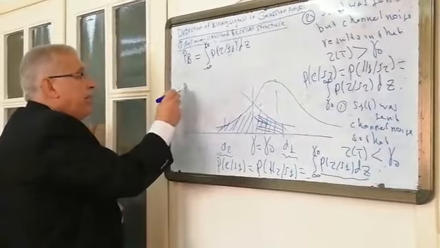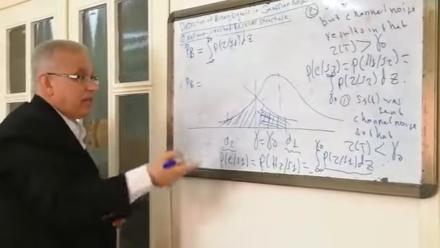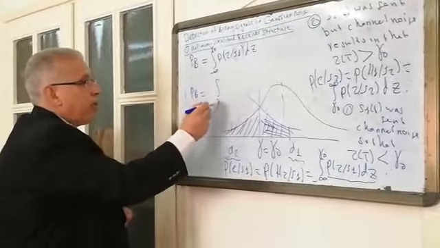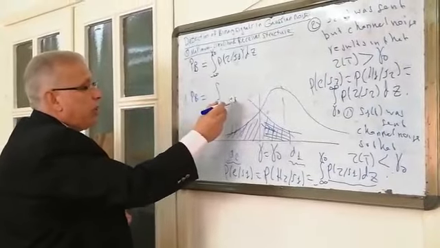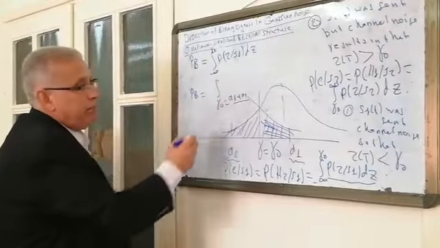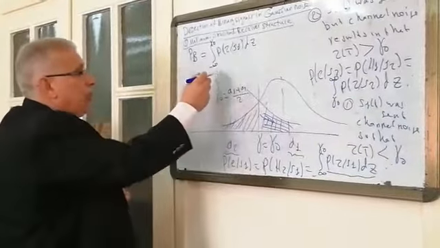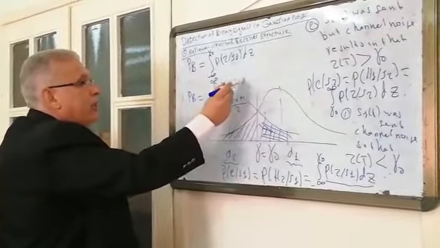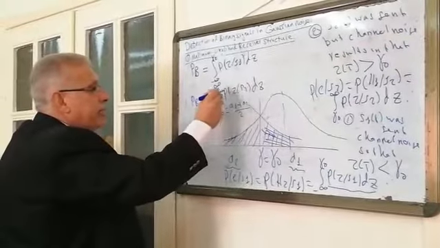Again, or it will be the area under the tail on the other side. If we are talking about S2, it will be equal to the integration from our threshold, which equals (A1 plus A2) divided by 2, up to infinity of p(z|S2) dz.